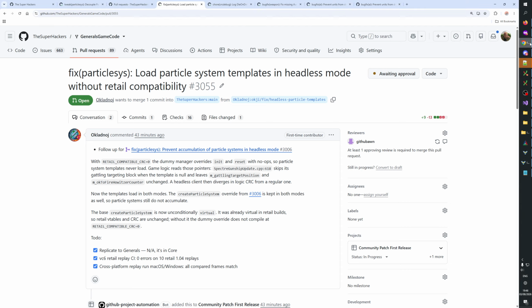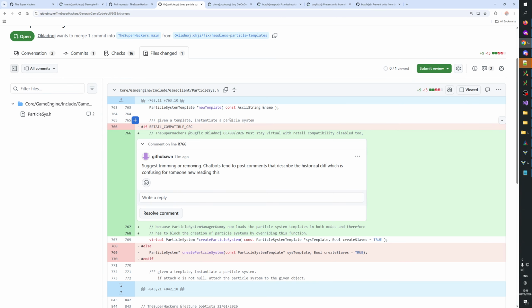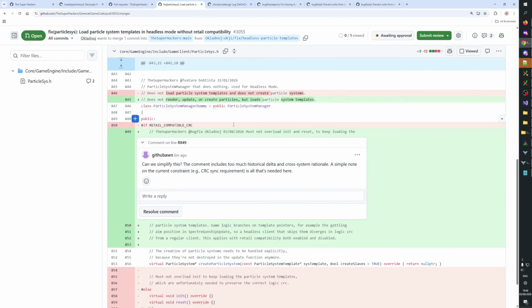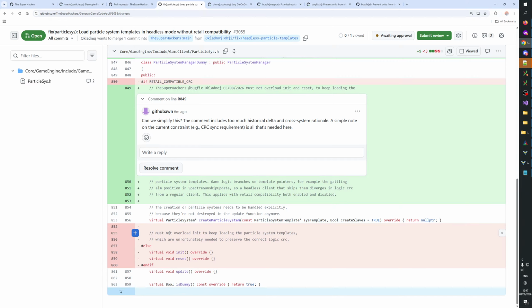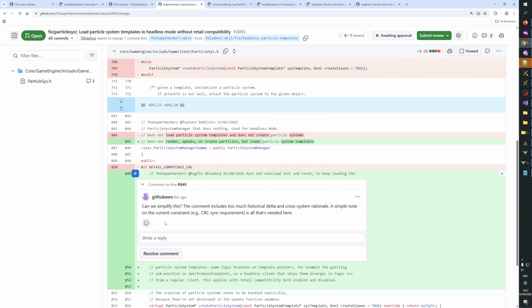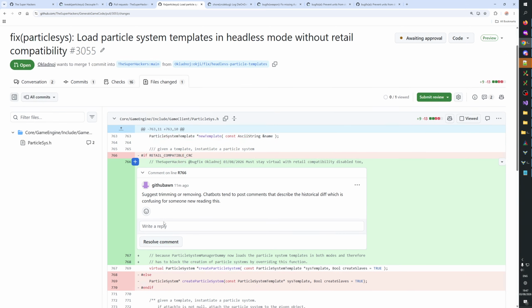So this one says particle system templates in headless.